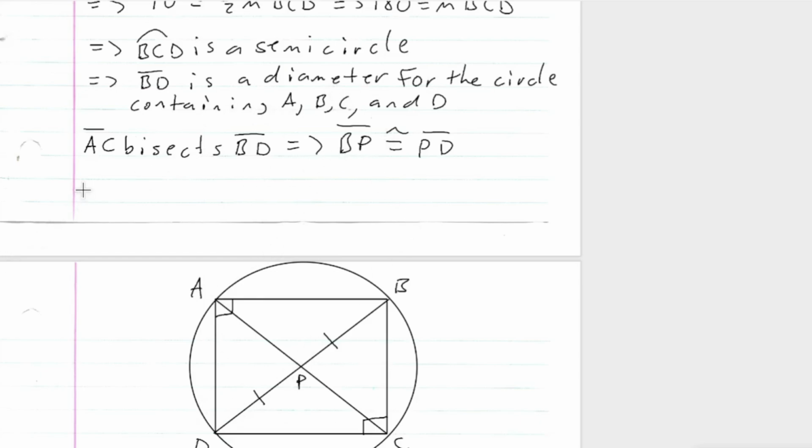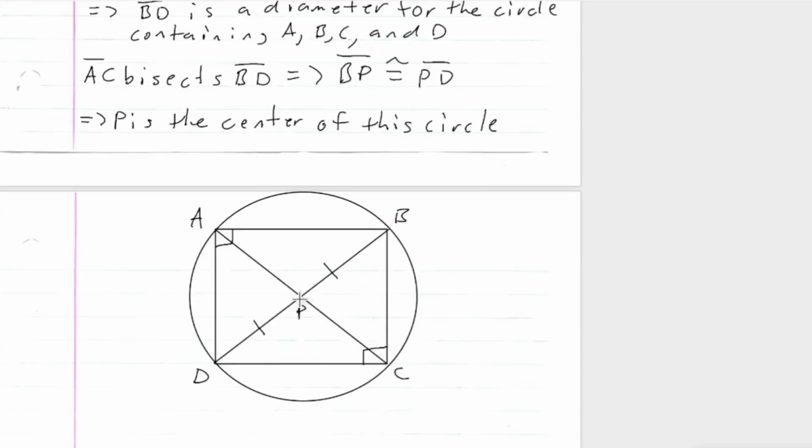This means that P is the center of this circle, right? Since BP is congruent to PD and BD is a diameter, that means that P must be the center, right?